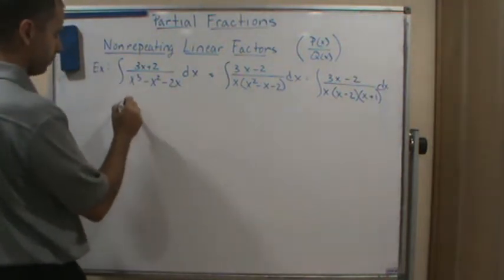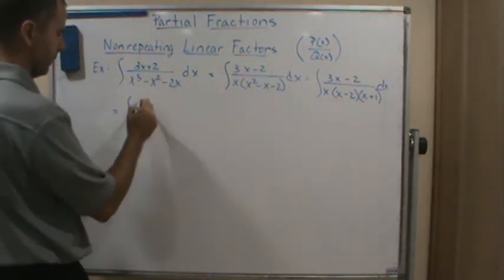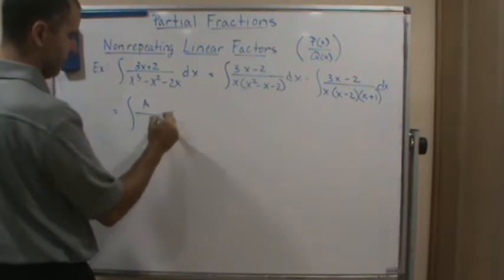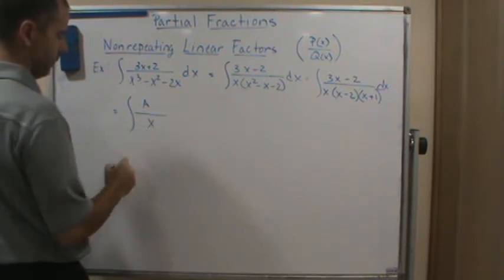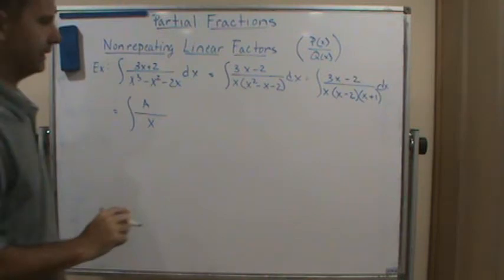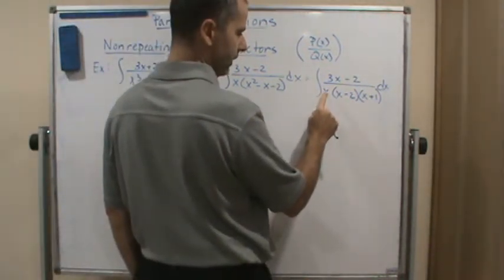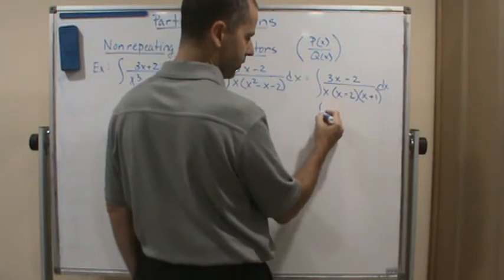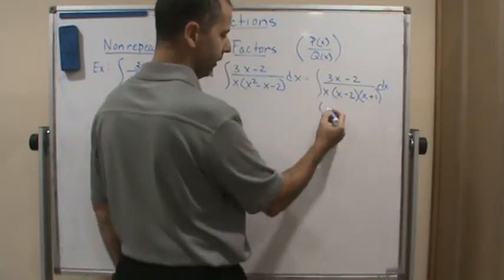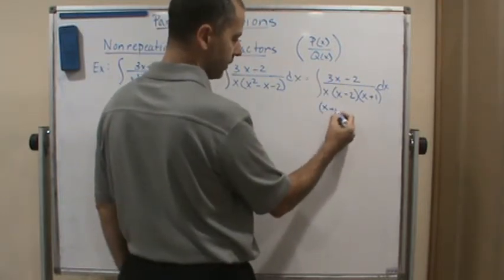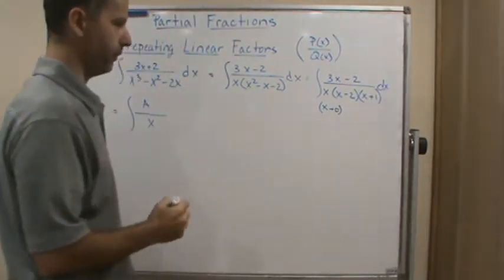So we know we should be able to write this as x. Now, to see that this is a linear factor, just in your mind's eye, think of this as x plus 0, right?